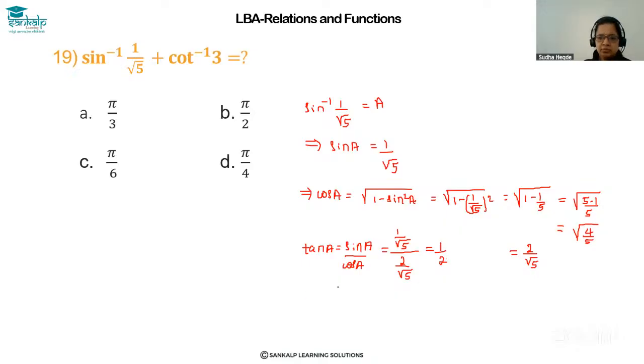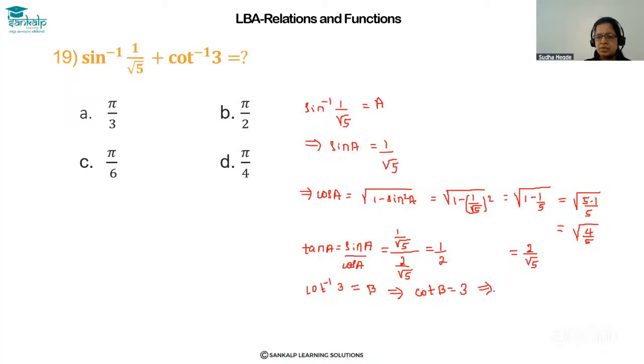Got it right? Now, take cot inverse 3 is equal to B. Okay? Cot inverse 3 is equal to B implies cot B is equal to 3.